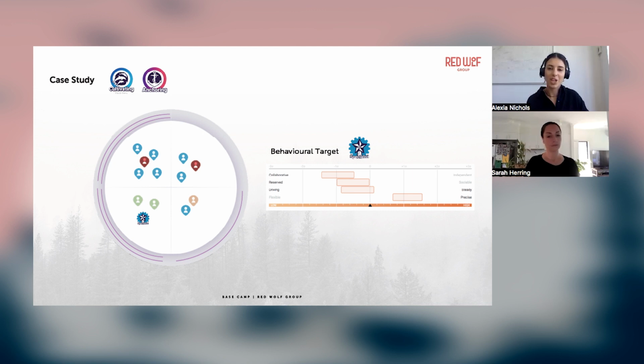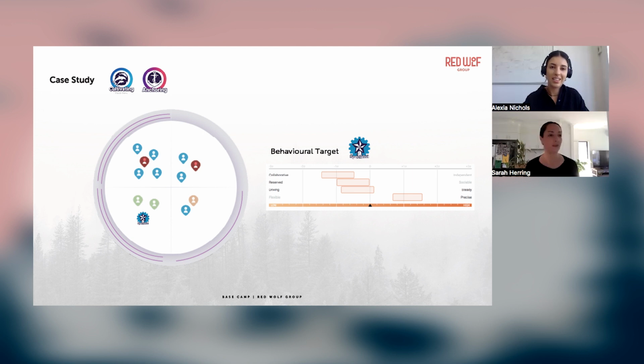Does anyone want to pop in the chat before I reveal which quadrant we're more than likely looking to hire in? Is it the top right, innovation and agility? Is it bottom right, results and discipline? Are we looking at the bottom left, the process and precision, or are we looking at the top left, the teamwork and customer experience? Which quadrant do we think this job profile might be situated in?